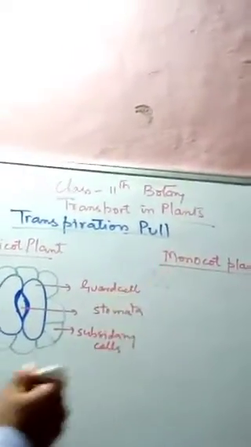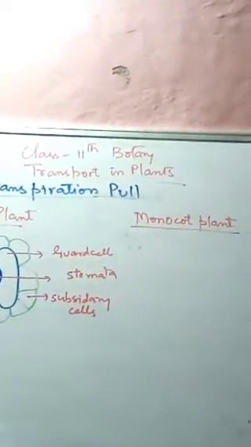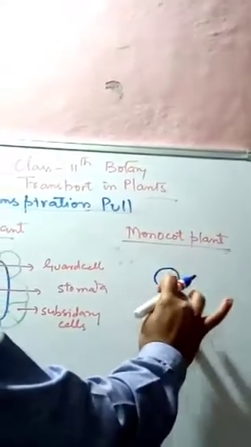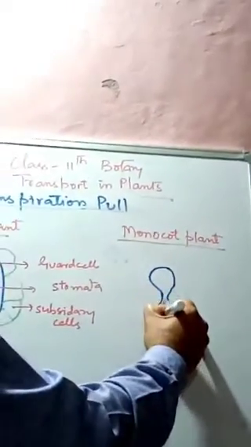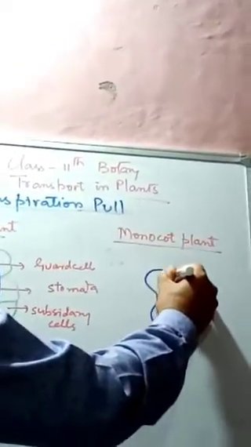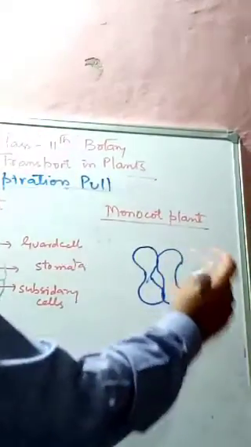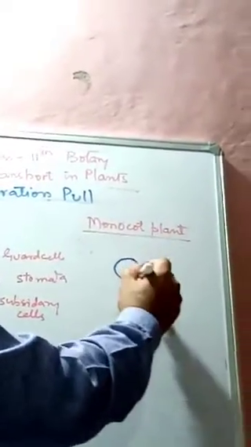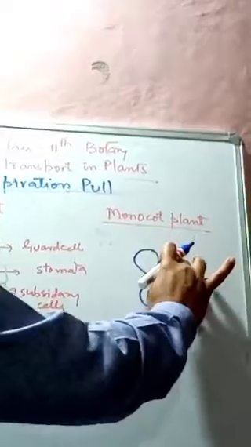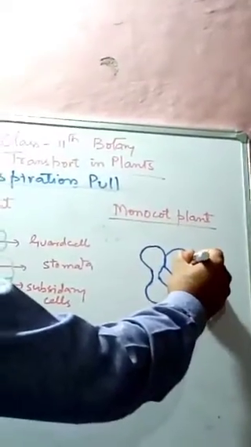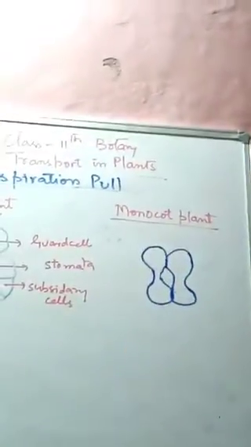Now what happens in the case of the monocot plant? If we look at the structure of the stomata and the guard cells, their structure is somewhat dumbbell shaped, like this structure.